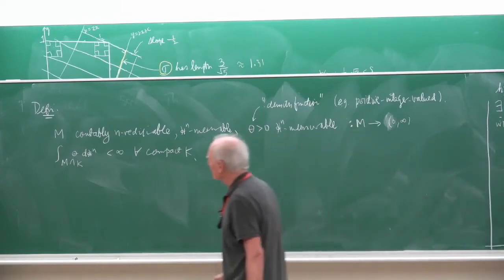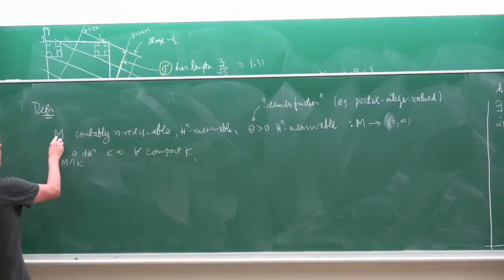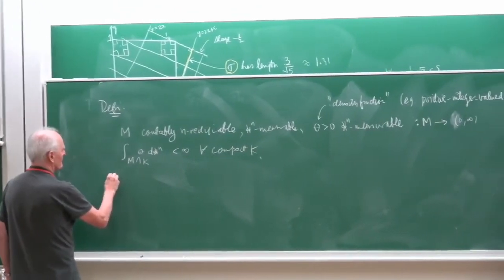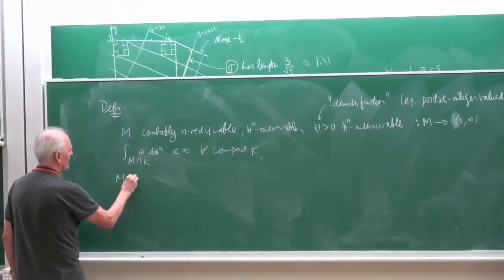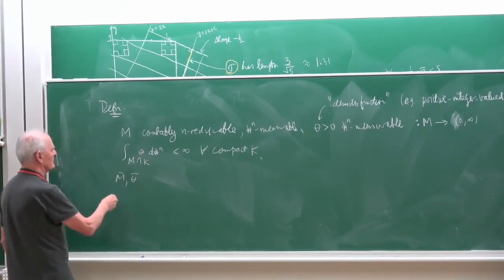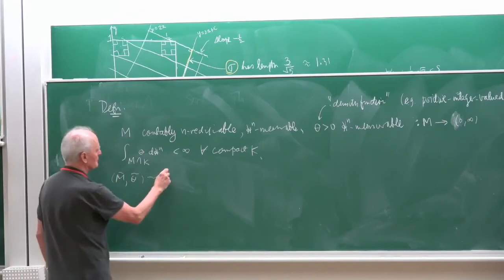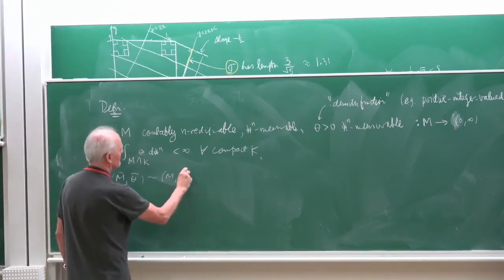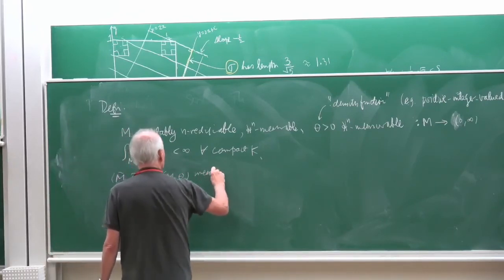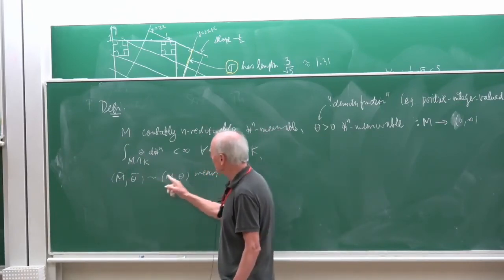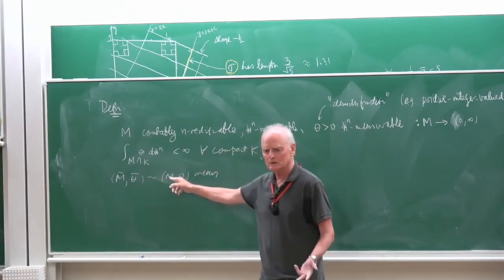And then you look at the equivalence class. You take another pair, M tilde, theta tilde; you say that that's equivalent to this original pair, which means that M and M tilde agree H^n almost everywhere.